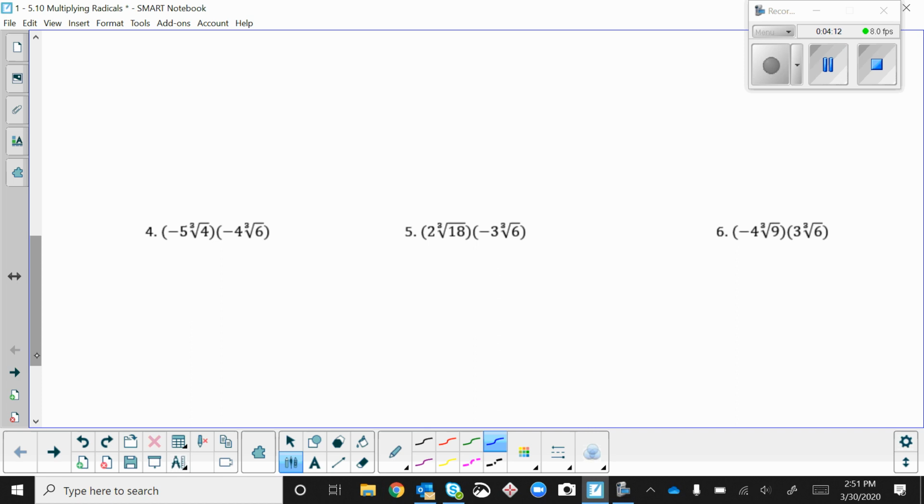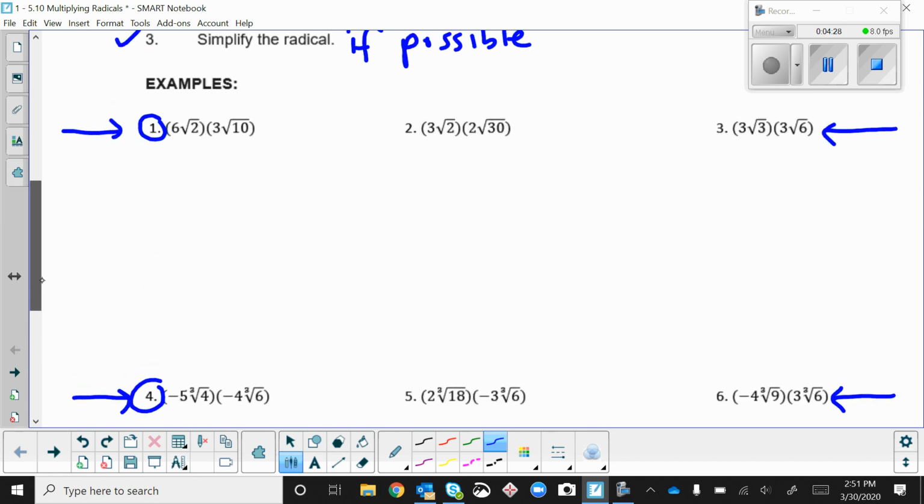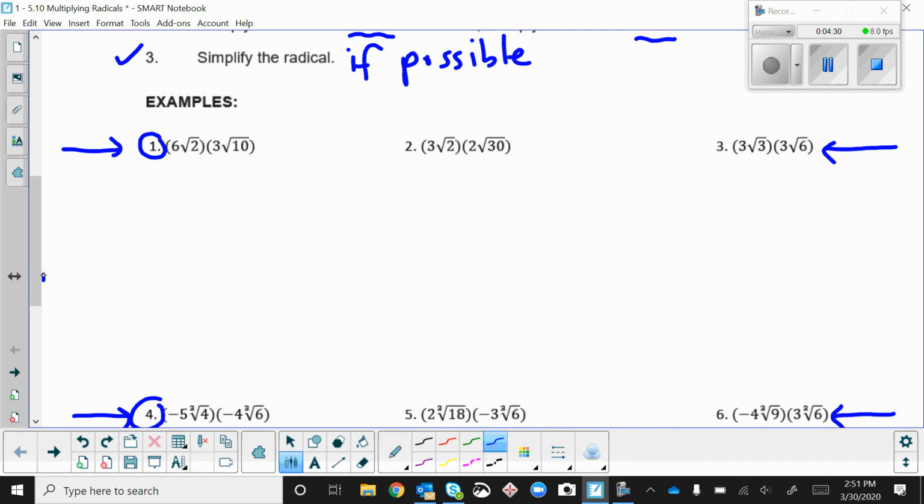All of these on the bottom are cube roots. I'm going to work this one for you, and then after the video, you can try 5 and 6 by yourself, and you can check your work and your answers with the PDF that I've included on the Google Classroom. So let's do the first video.